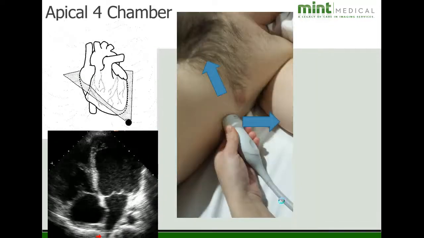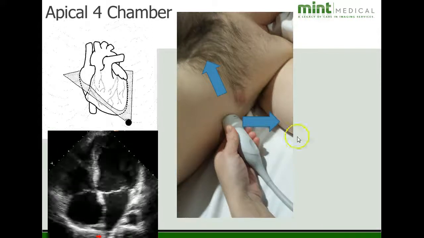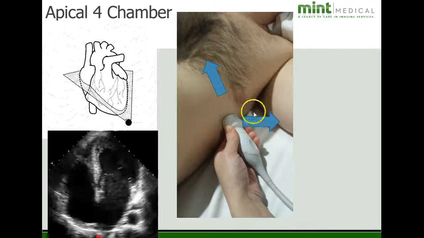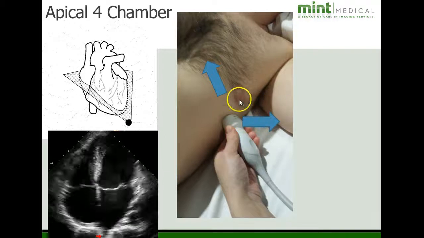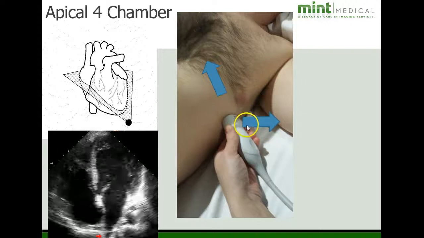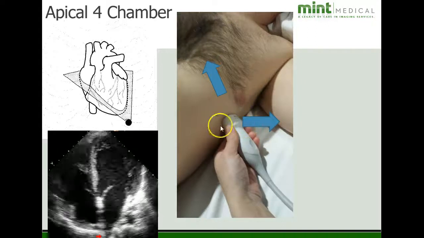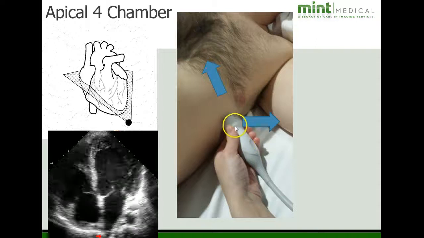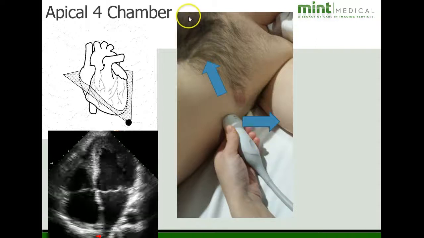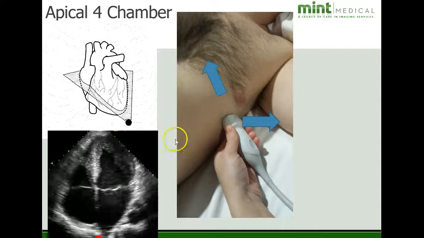So the first view is the apical 4-chamber view, and your indicator is going to be down towards the patient's armpit. And if you look at the time of the clock, it's going to be between 3 and 4 o'clock. And once again, the slice angle is going to be from the apex of the left ventricle all the way towards the patient's right shoulder.